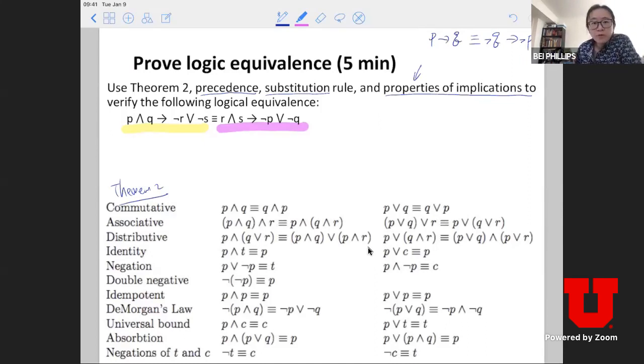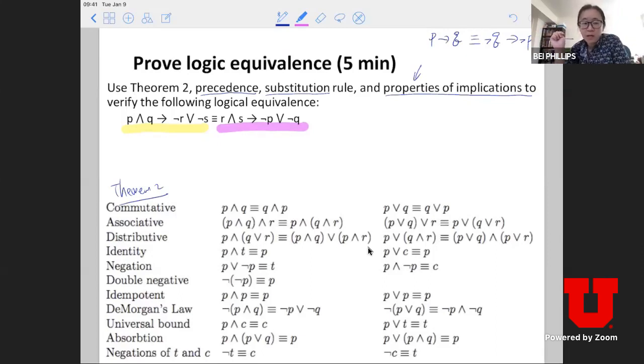Okay, so one way to do this is to prove from left to right, or you can prove from right to left. Typically, you start from the left and use different rules. In this particular proof, you need to use the rule of precedence, substitution, and the property of implications. Another way to prove, remember in this whole chapter, if we don't specify using theorem 2, is to use a truth table.